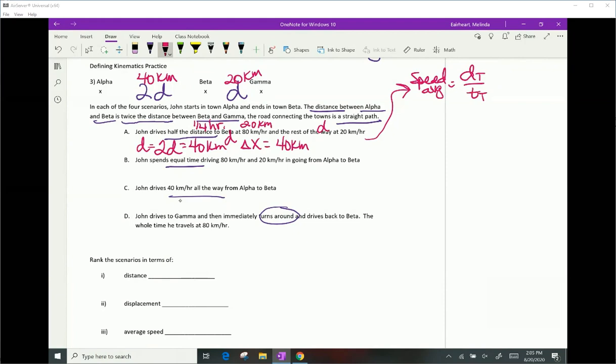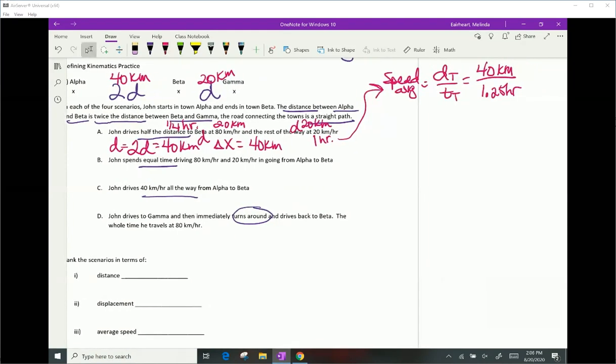And then we follow the other 20 kilometers at 20 kilometers per hour. So this one takes 1 hour. Right, 1 hour. And so we can do the defining equation, and our total distance is 40 kilometers, and our total time would be 1.25 hours. And so if someone will grab a calculator.